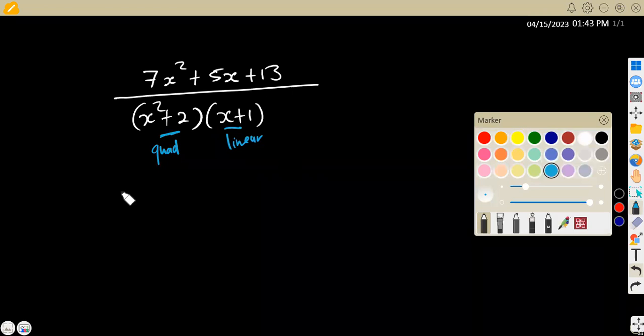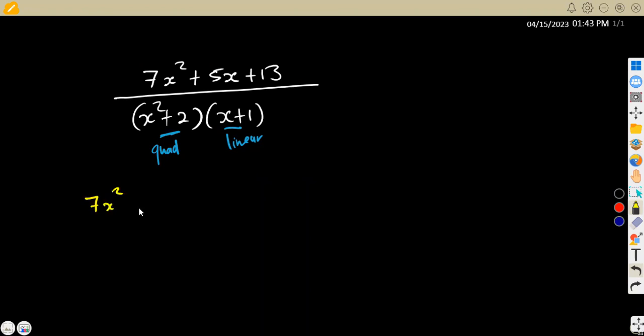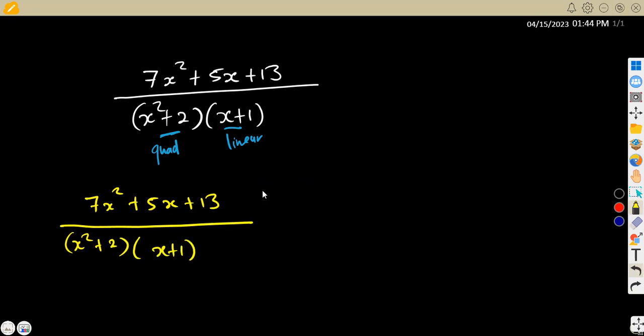So this whole part is going to be equivalent to 7x squared plus 5x plus 13, everything over x squared plus 2 into x plus 1. Resolved into partial fractions, for a quadratic, remember we said it gives us ax plus b.